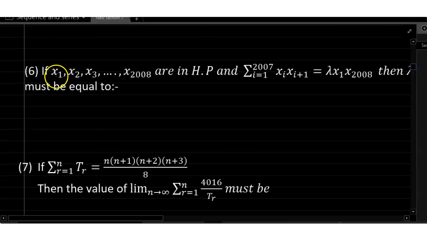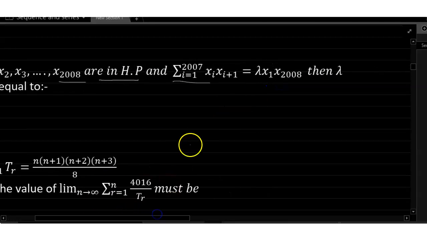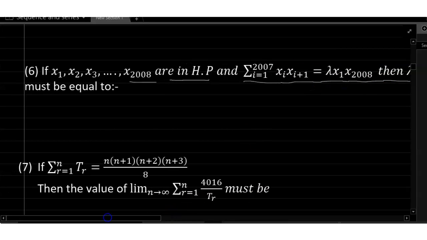Next, see if x1, x2, x3, up to x2008 are in HP, and the summation for i equals 1 to 2007 of x_i x_(i+1) equals lambda x1 x2008, then lambda must be equal to what.